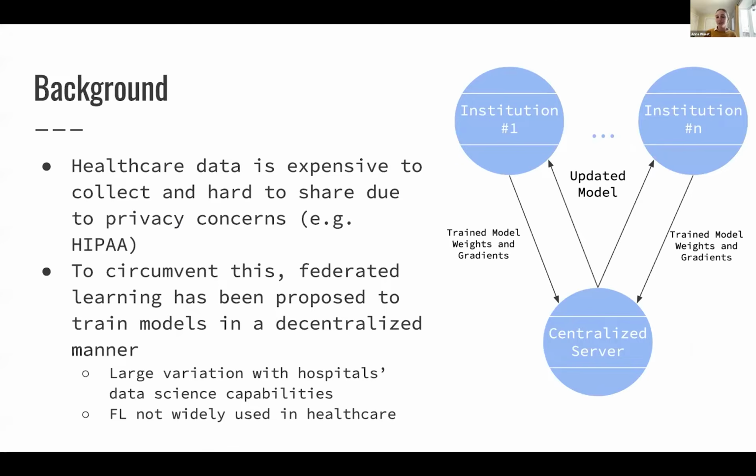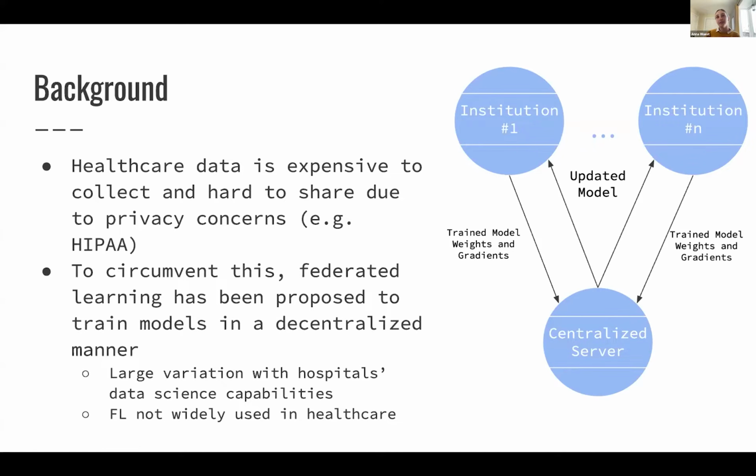So background, as I'm sure many of you may know, healthcare data is very expensive to collect and very hard to share due to privacy concerns. And of course, in the last presentation, Micah touched on a lot of these topics. So to circumvent this, federated learning has been proposed to train models in this decentralized manner to expand use of healthcare data in these models.